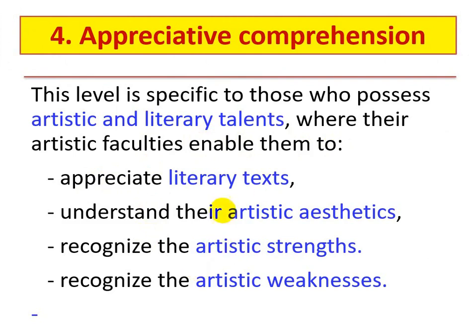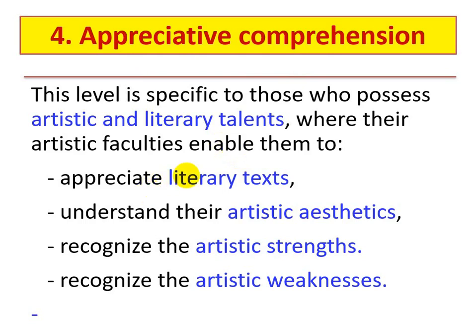Take care here and notice that the appreciative comprehension is closely related to those who are talented, those who have the strength of artistic appreciation of works, whether they are a piece of art or a literary text such as prose, poetry, etc.